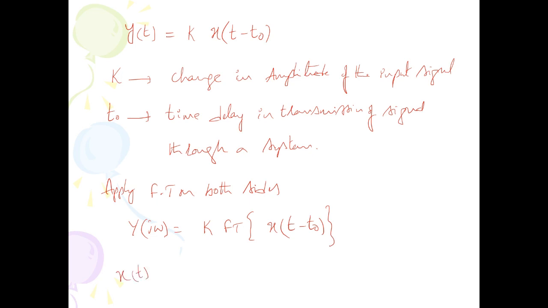The Fourier transform of x of t is X of j omega. Then what is the Fourier transform of x of t minus t naught? This is e power minus j omega t naught into X of j omega, which is the time shifting property in Fourier transform.